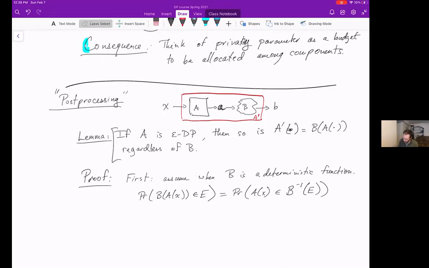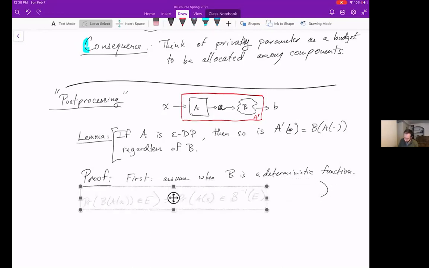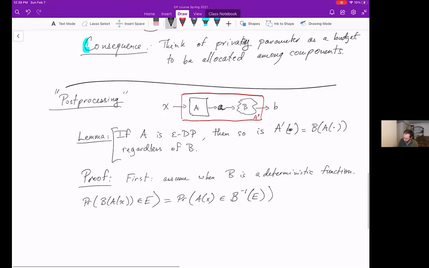Here B inverse of E is the preimage of E. So B inverse of E is the set of values A such that B of A lies in E. And so the probability that the composed algorithm produces an output in E is just the probability that A's output lies in some specific set.